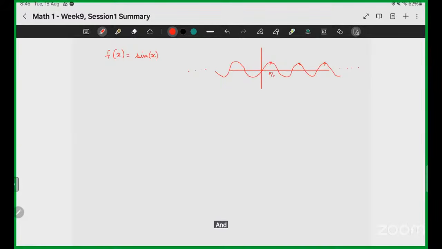And this happens at pi by 2, 2 pi plus pi by 2, 4 pi plus pi by 2. In general, 2n pi plus pi by 2 for any n. And there are infinitely many integers. So I'll get that many points where it is maximum. Similarly, the other set of points, they happen to be odd multiples of pi by 2.